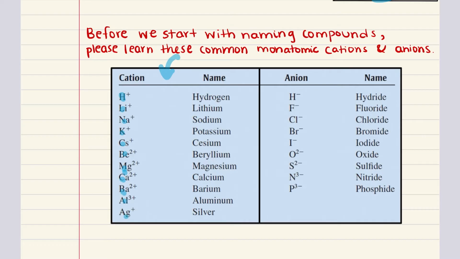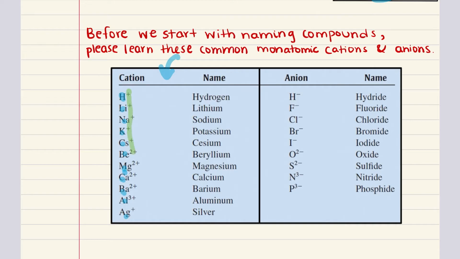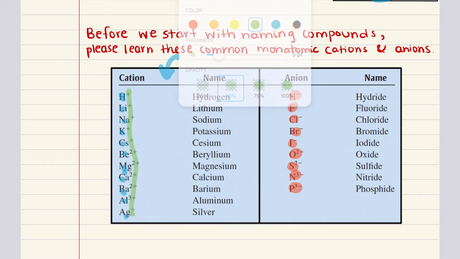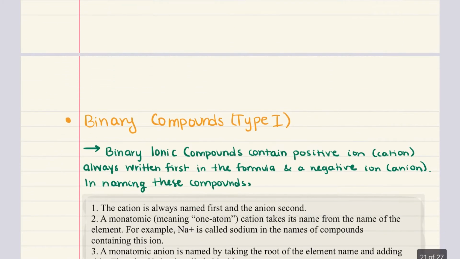And please make note of the charges that are associated with each of these cations. Then on the other side, we have our anions. We have hydride, fluoride, chloride, bromide, iodide, oxide, sulfide, nitride, and phosphide. Again, please make sure you note the charges that are associated with each of these anions. Now, with this introduction, we can begin with our different rules.